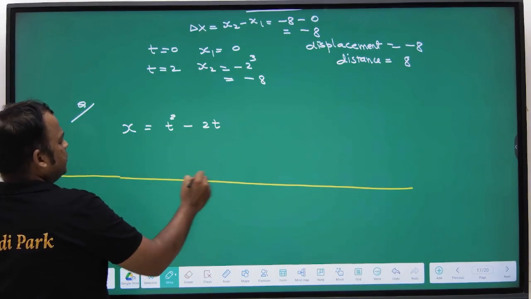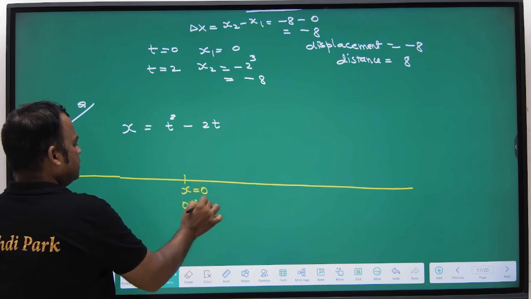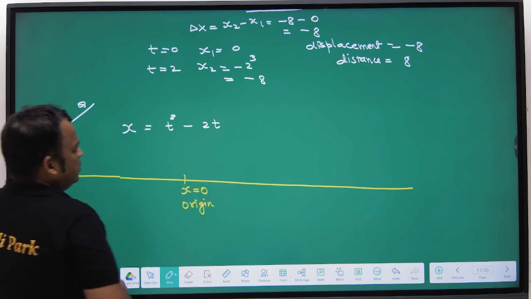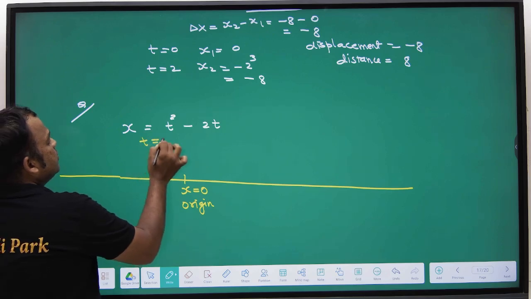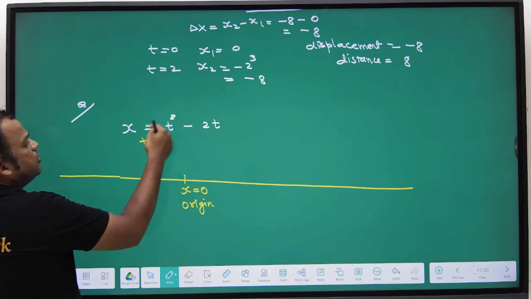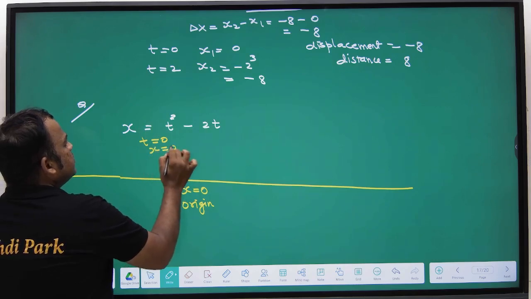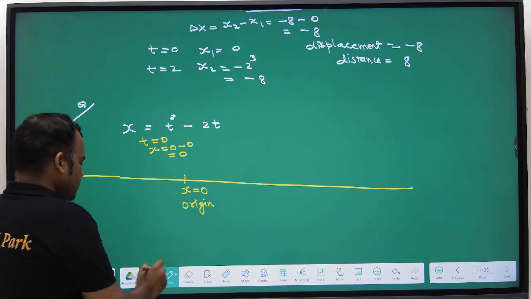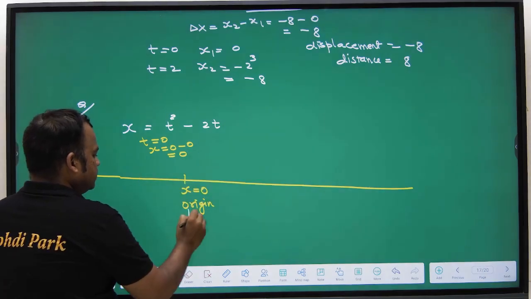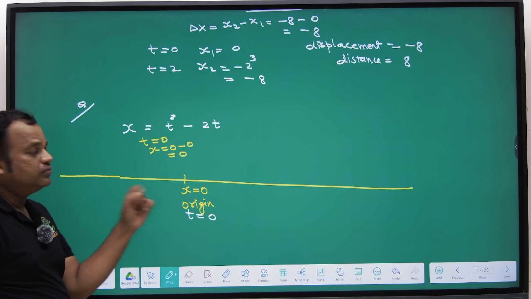Here we have the origin, x is equal to 0. This is also the initial position, because when you put t is equal to 0, the first time I am observing this particle, we are getting x is equal to 0 minus 0, so that is 0. So at t is equal to 0, the particle is at the origin, x equal to 0.